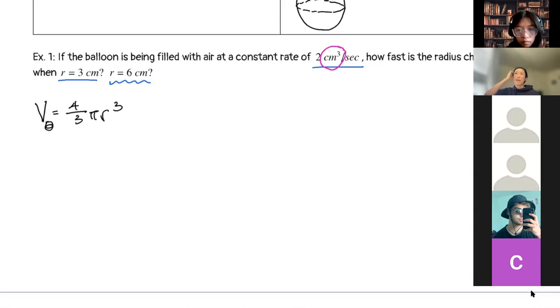The reason I'm writing out the volume formula is because this right here actually gives us dV/dt. How the volume is changing with respect to time is 2 centimeters cubed per second.